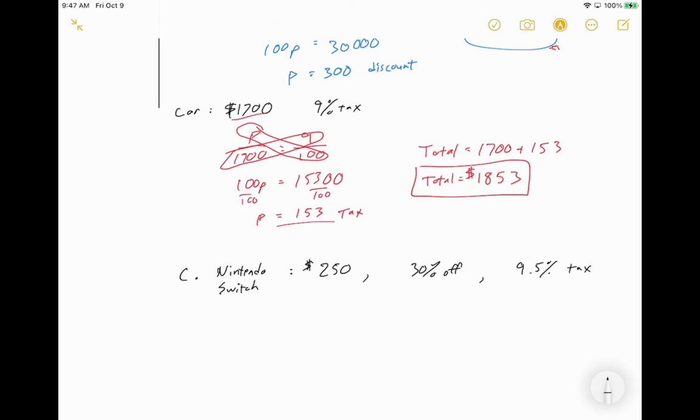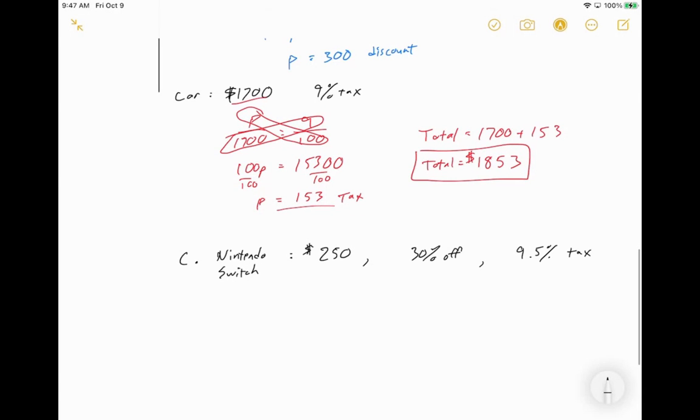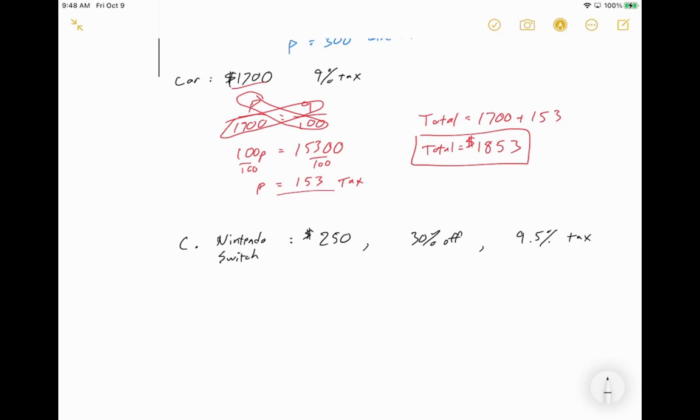Can you tell me how much you're going to have to pay? Remember, round to the nearest cent, so 2 decimal places.